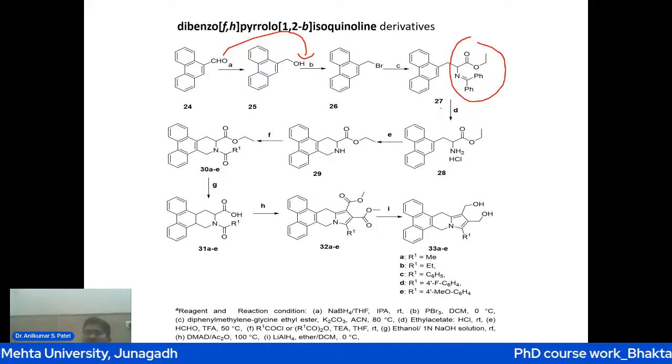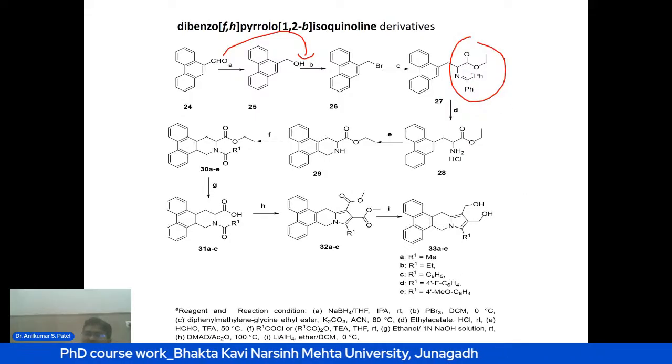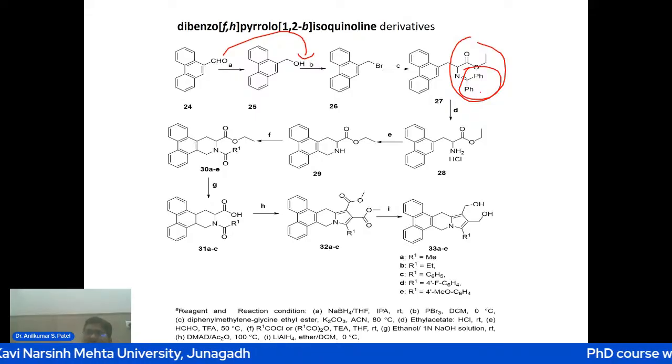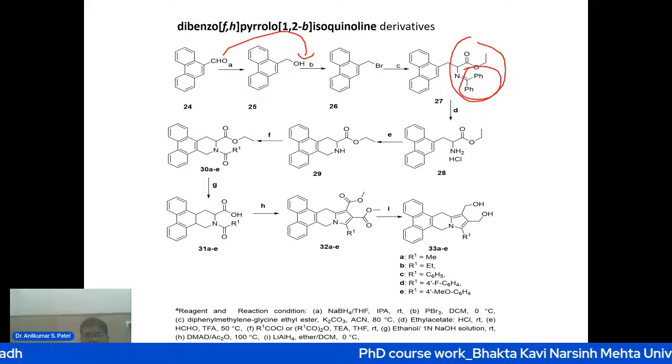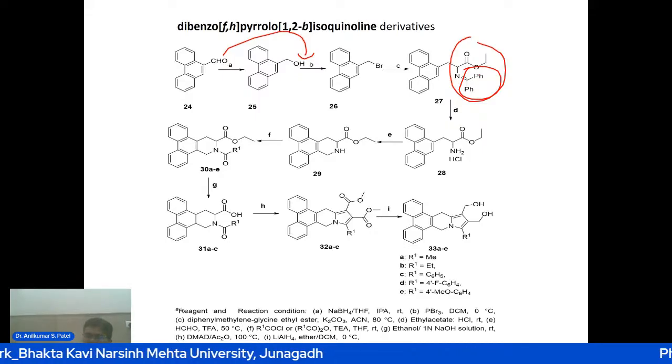After that, compound 27 is treated with hydrochloric acid, so the benzophenone, diphenyl ketone, is removed and this produces the NH2 group as a hydrochloride salt.